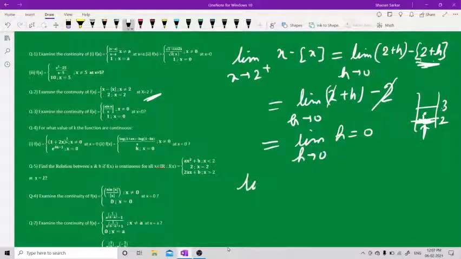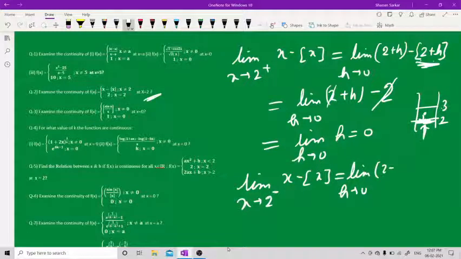And let's see the limit x tending to 2 minus. Now when you write limit h tending to 0, 2 minus h minus the floor function, what you call the greatest integer function, of 2 minus h.